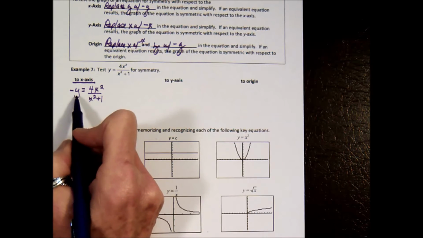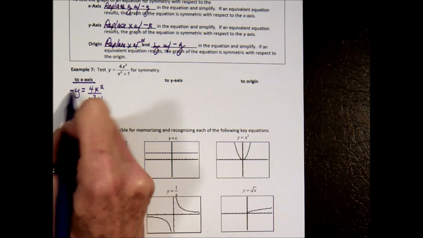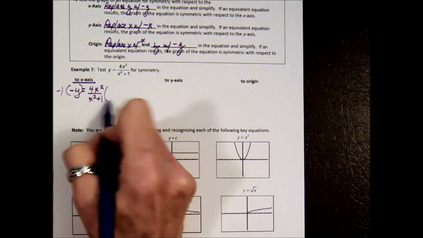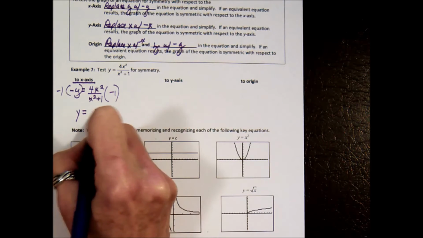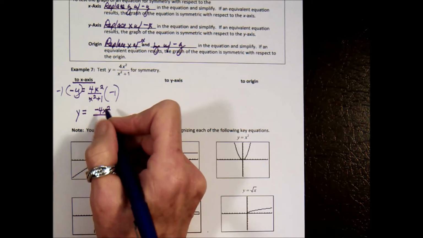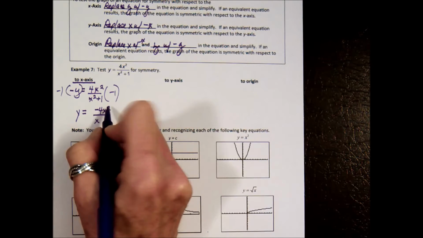Now I have to simplify this because I don't want it to say negative y, I want it to say y. So I'm going to have to multiply both sides by negative 1. That will give me y equals negative 4x squared over x squared plus 1.